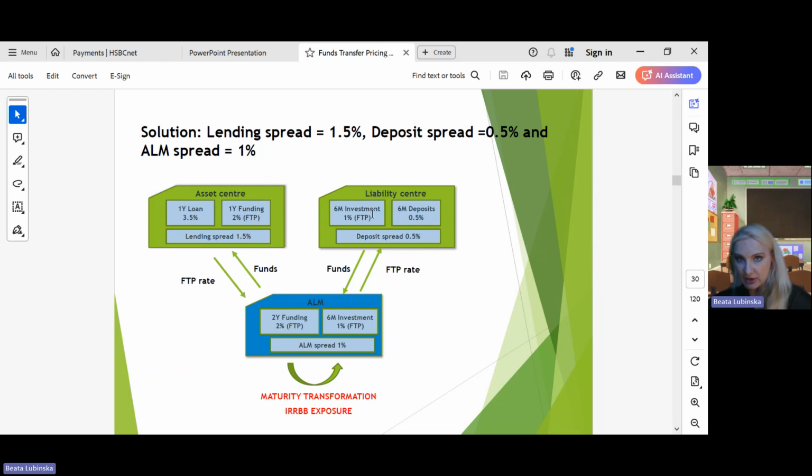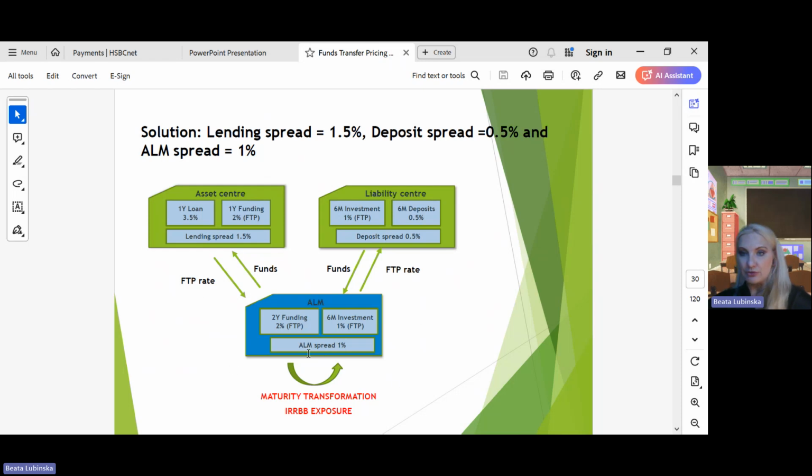So in this particular example, we know from the previous slide, the rate is 1%. Therefore, the difference between 1% and 0.5% is the deposit spread. So the deposit liability center P&L is 50 basis points.